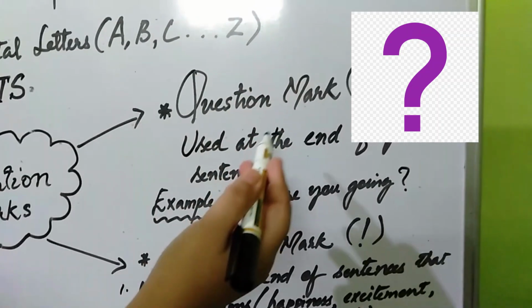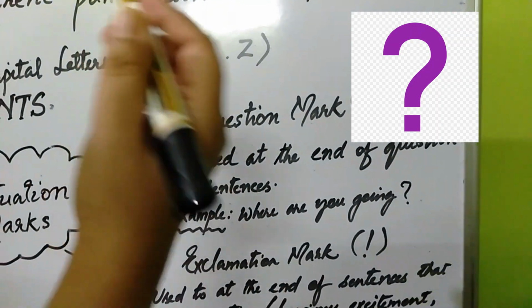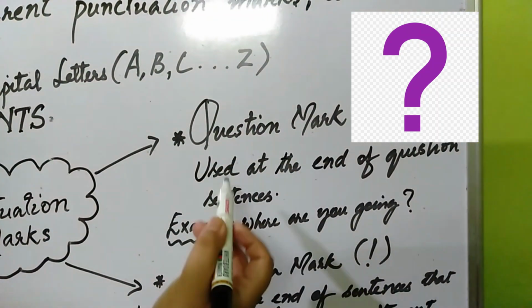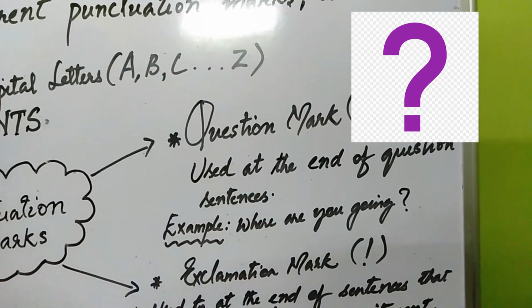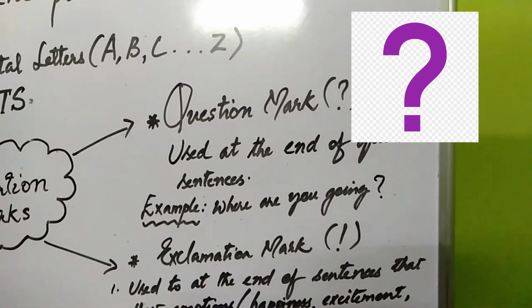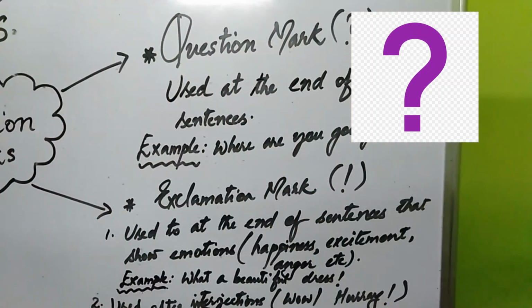Let us see the question mark. Okay, very simple. You have learned it in your previous grade, that is in class 3 as well. So question mark is used at the end of question sentences only. Only the sentences which ask a question end with a question mark.